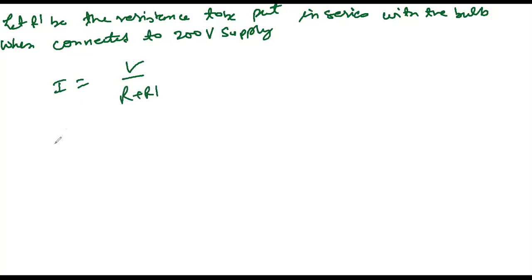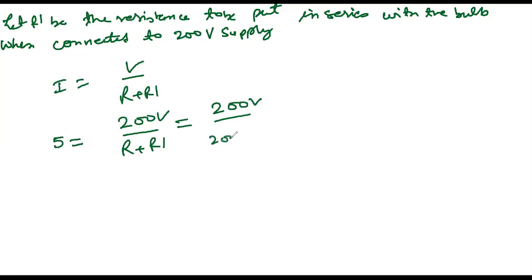So for I you write 5 ampere. V will be your 200 volt, small r plus R dash. Substitute the value: 200 volt divided by your R, which is 20 ohm, plus R dash. Now do the cross multiplication. 20 ohm plus R dash is equal to 200 divided by 5.